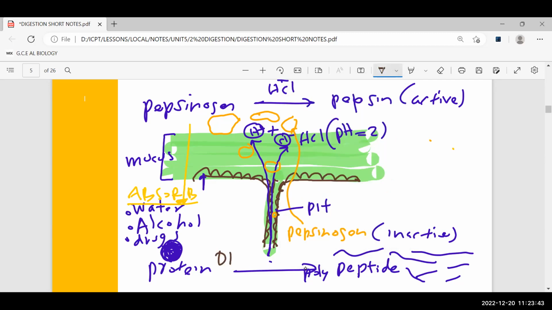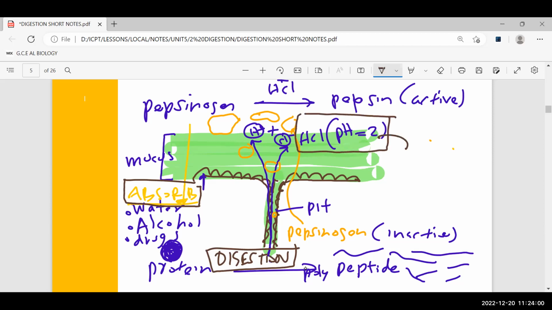So this is the digestion. This is absorption. And the other one: this pH and hydrochloric acid also kill bacteria or pathogens, right? If a pathogen, a disease-causing agent, tries to enter through the food, then this is the first line of defense. So they can't enter into the body.